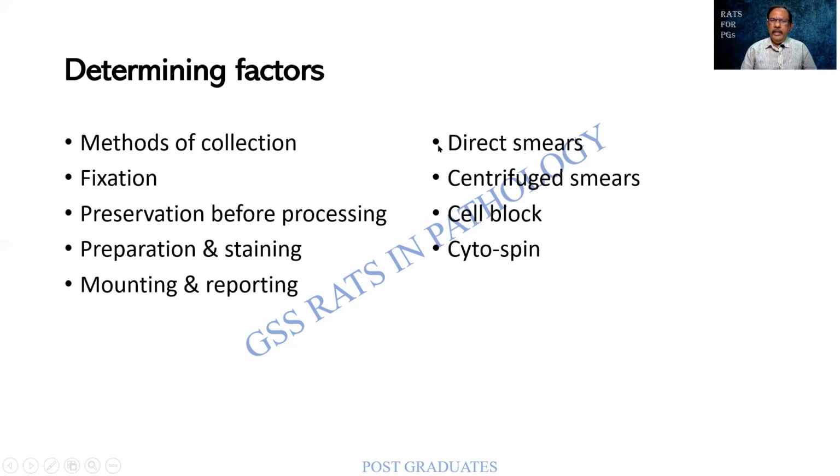As I mentioned earlier, this list will haunt us repeatedly, but we can memorize and reproduce. Direct smears, centrifuge smears, cell block, and what is the cytospin? This is our main target for the day.